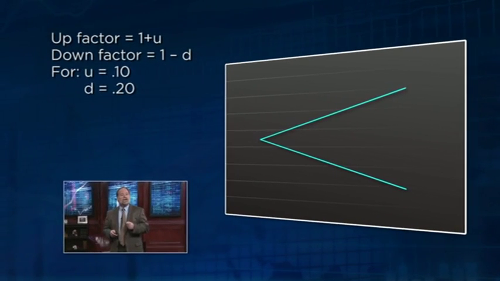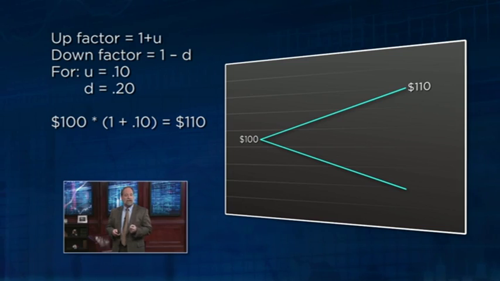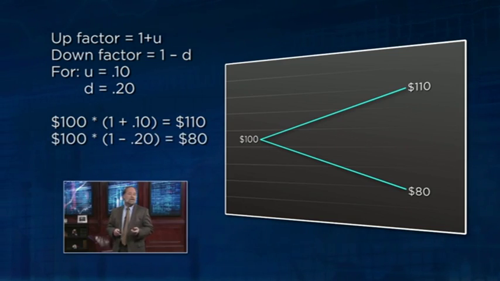Now let's let the current price be 100. Over the next year, what are going to be the prices for the underlying security? You take 100 times 1 plus the up factor, 10%, so it can be 110. Or in the down case, we take 100 multiplied by 1 minus the down factor, 20%, which is $80. So that's how you'd use the U and the D.